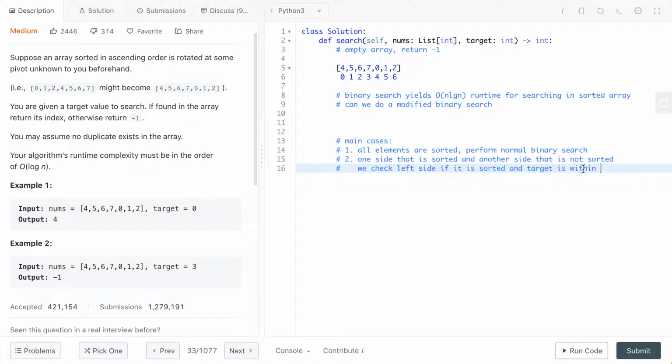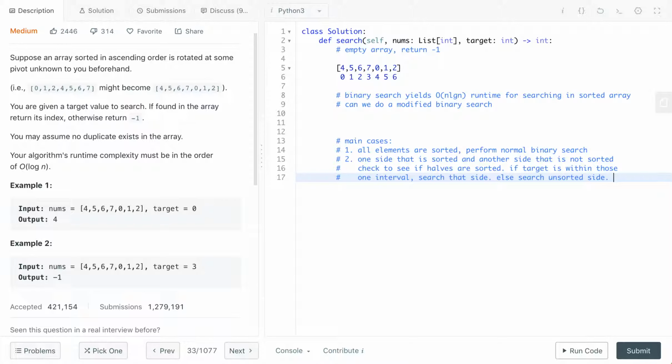Check left, check to see if the halves are sorted. If the target is within those halves, search that side, else search the unsorted side.